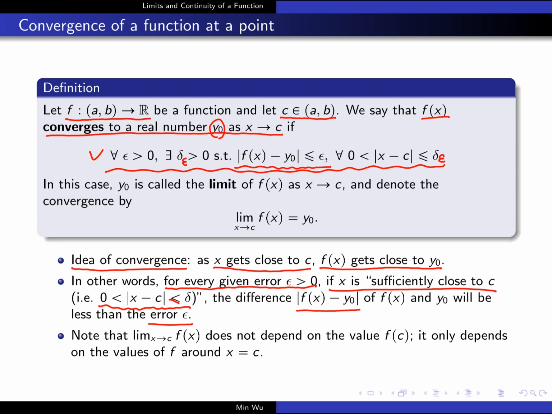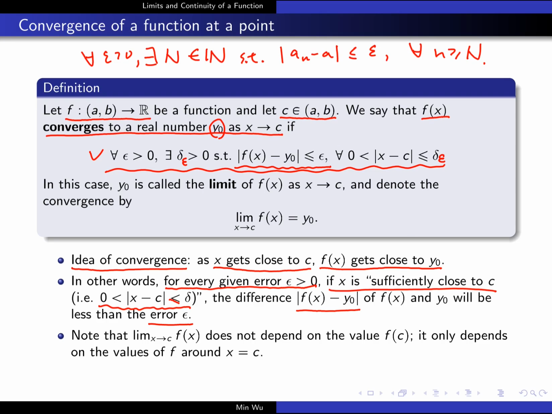So you can see the idea here is very similar to the convergence idea that we talked about in the convergence of sequences. The only difference is that for sequences, recall that the definition is: for all epsilon greater than 0, there exists a capital N in the natural numbers, such that |a_n - a| is less than or equal to epsilon for all n greater than the sufficient index.